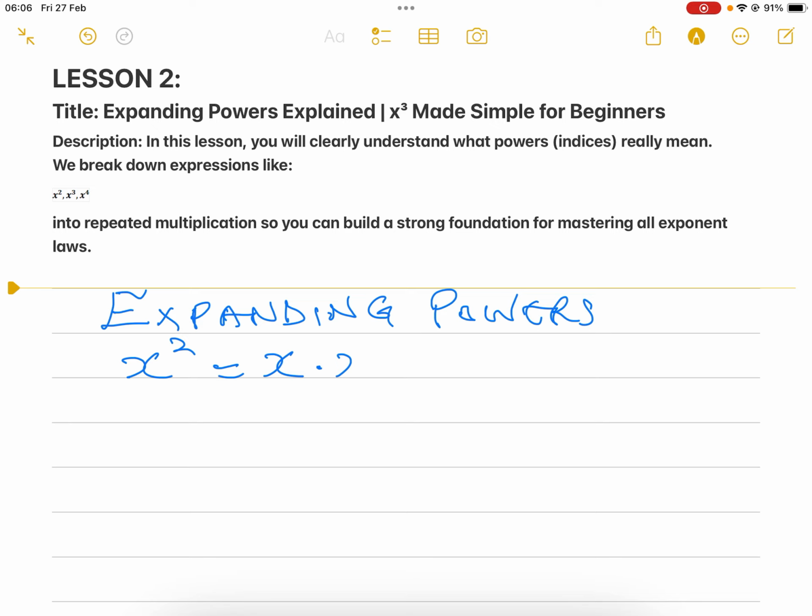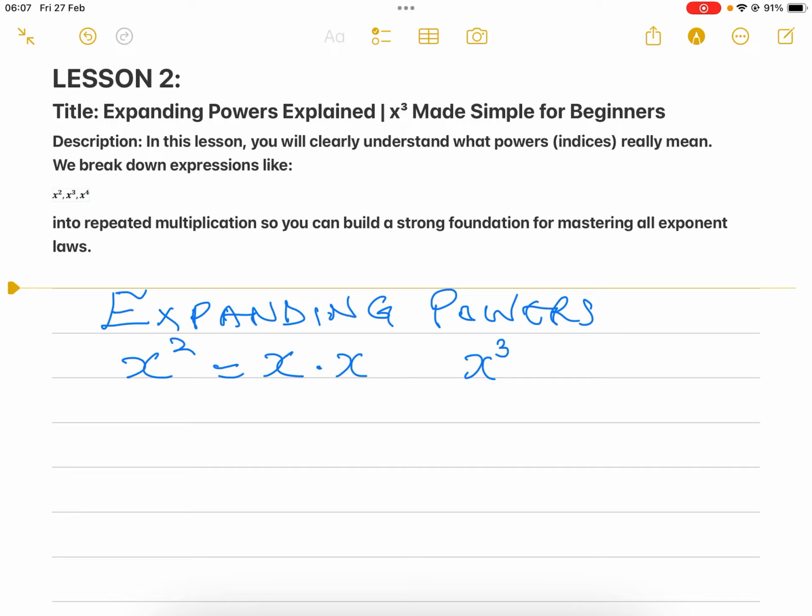When we have x raised to power 2, this means x multiply x. Remember in the last lesson, I told you that in place of the multiplication sign times, you can use dot.